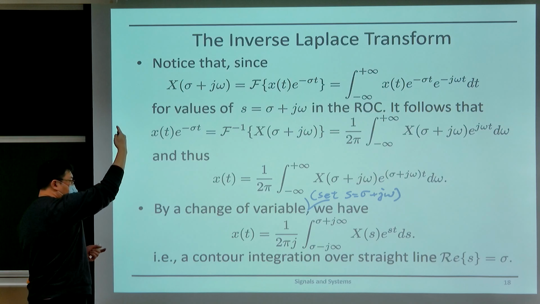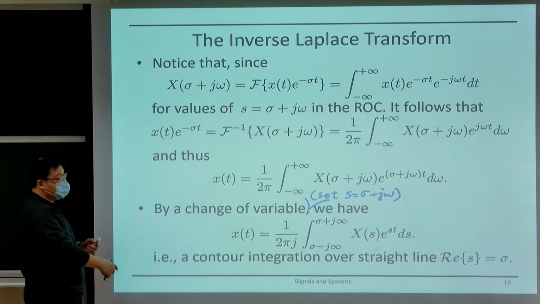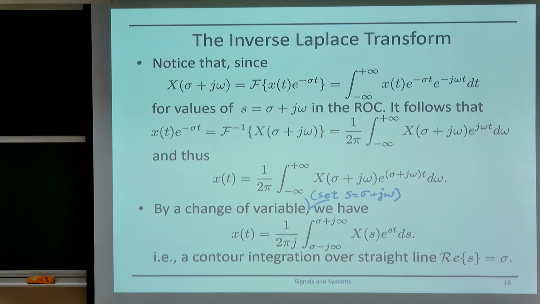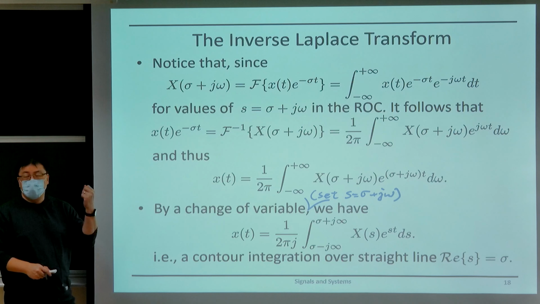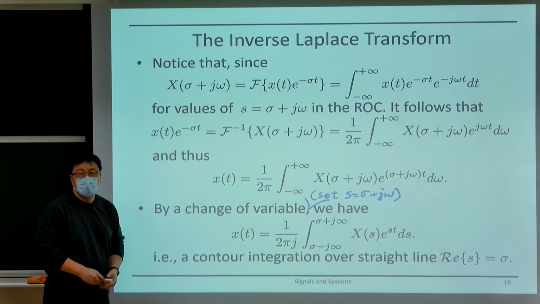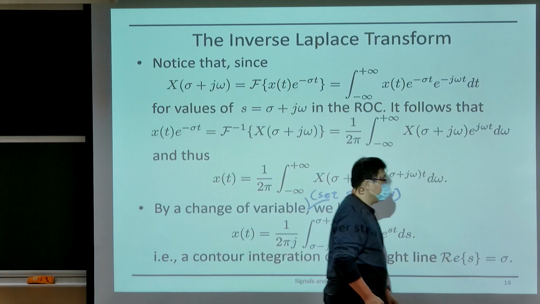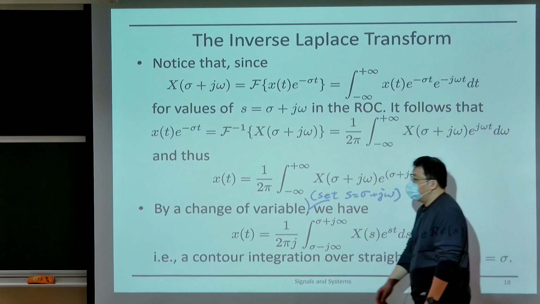So this is a vertical line in the region of convergence. So the Fourier transform is just a special case of the Laplace transform.